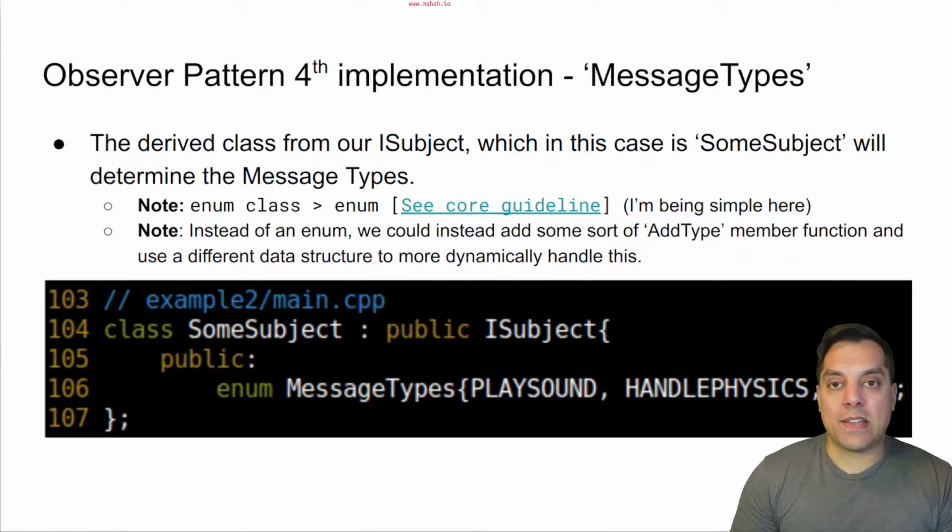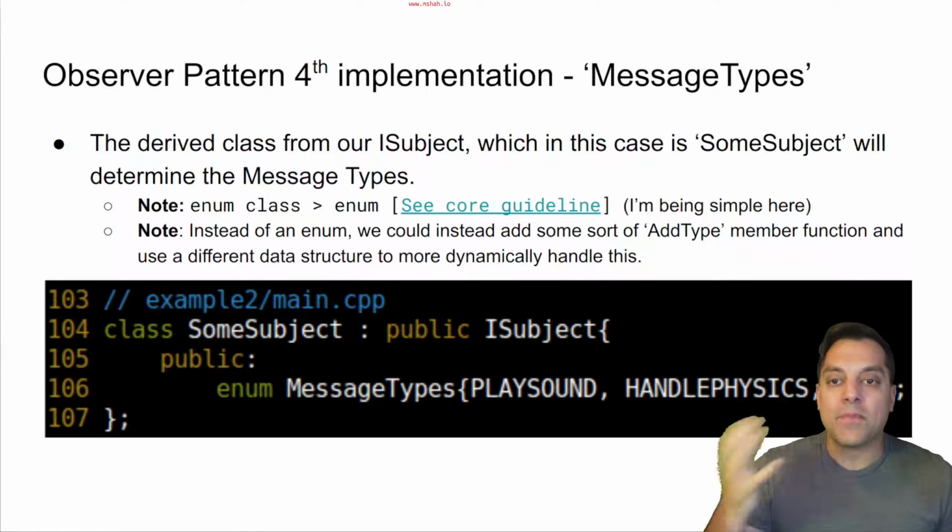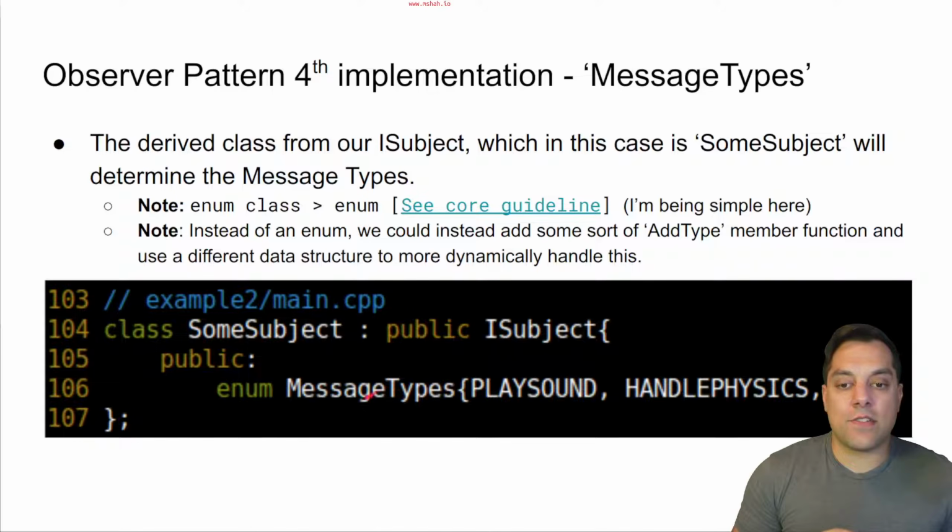Or more simply, a vector of integers, and then you could map those to strings or whatever for performance and so on. Again, I'll give you the option to optimize this as you need later, but for now, if you're just learning the observer pattern, just go ahead and create in your concrete subject the different message types that you'd like to be able to subscribe to.